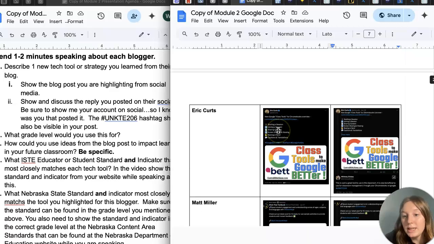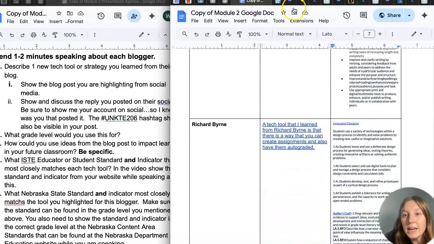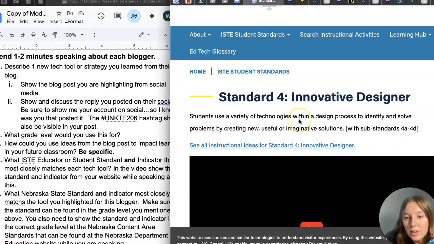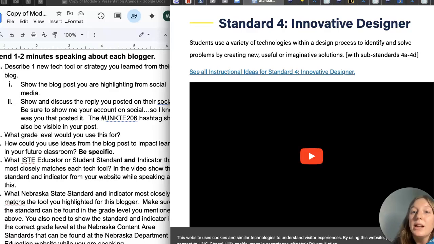Then for his standard, I put Innovative Designer. I put Innovative Designer because it says students use a variety of technologies within a design process to identify and solve problems by creating new, useful, or imaginative solutions.